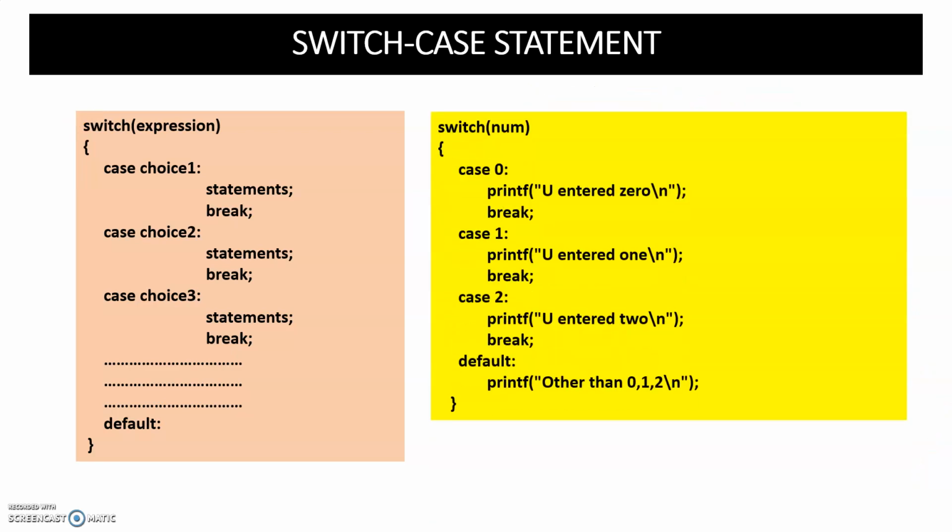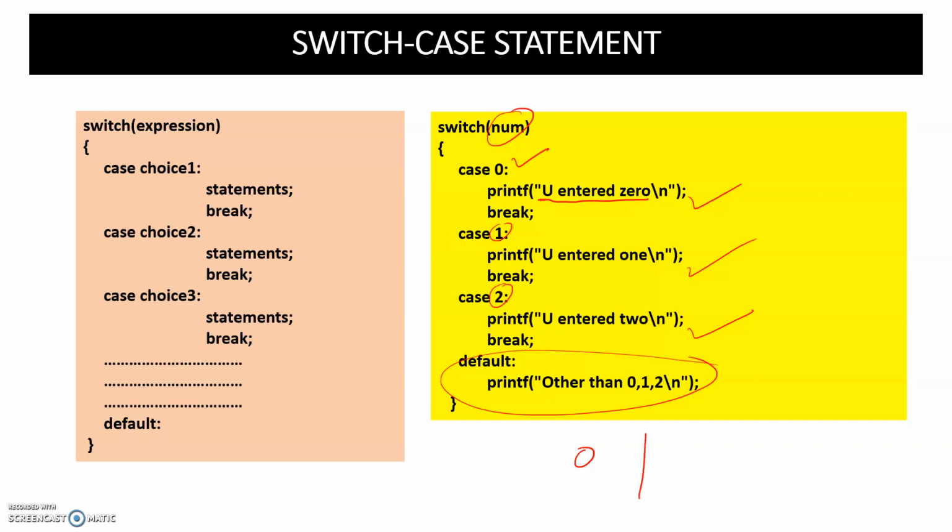I have given one example. If number is 0, then execute this. If number is 1, then execute this. If number is 2, then execute this. If any other number, then do this. What will happen? If the user enters 0, that is the user is selecting case 0, the message which will get printed on the output is you entered 0.